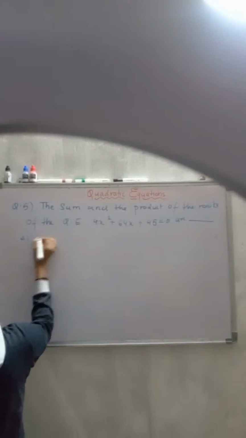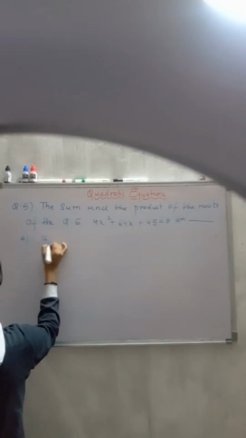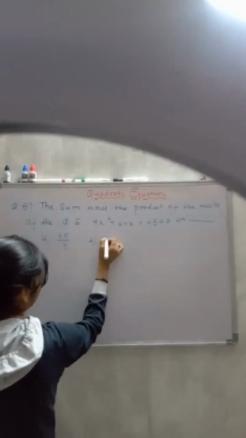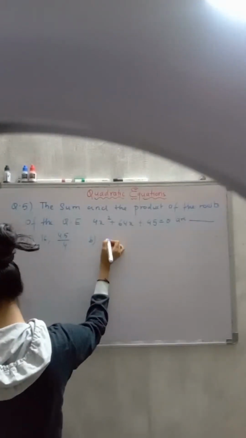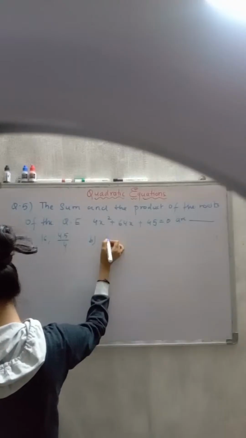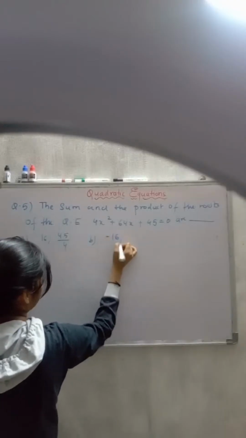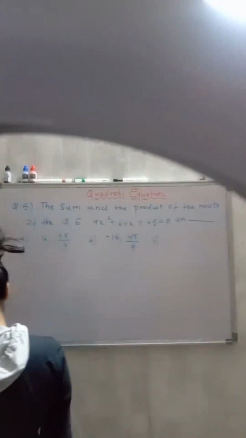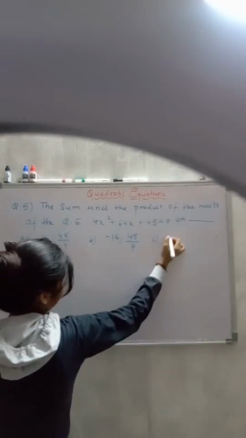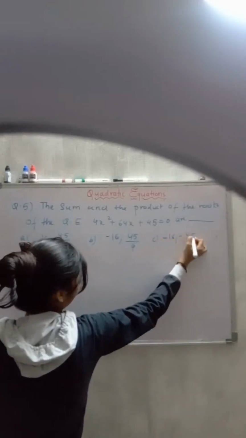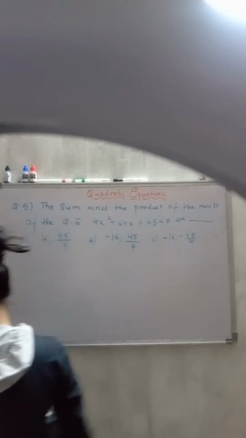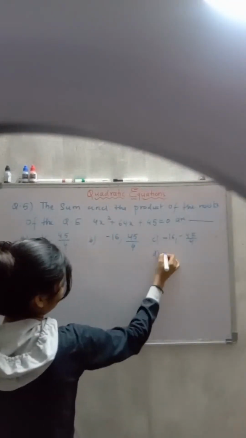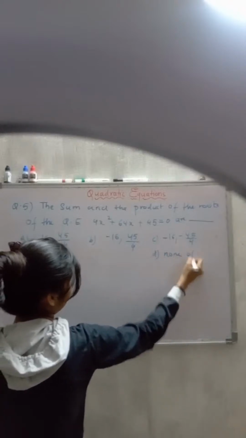Options are A 16, 45 by 4; B minus 16, 45 by 4; C minus 16, minus 45 by 4; or D none of these.